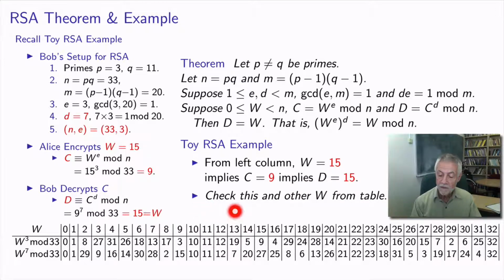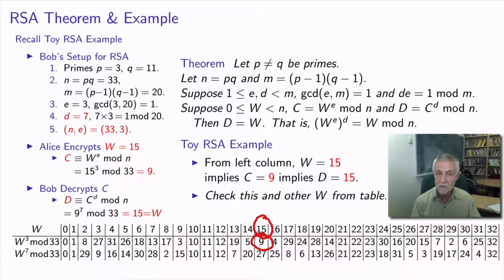So you might have checked this and other W from the table. So for example, if we take the number we've already looked at, if I take W is equal to 15, and if I raise it to the power 3 modulo 33, then I obtain the number 9.